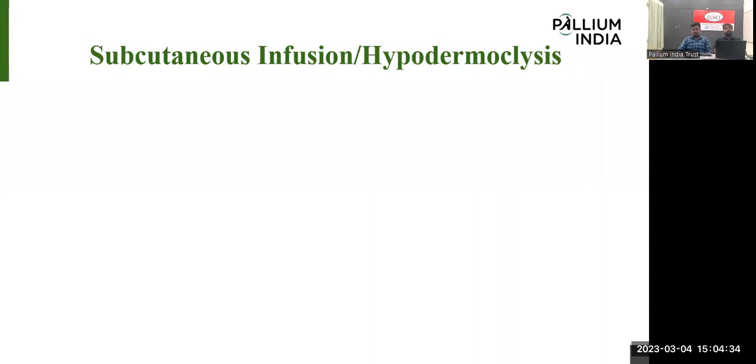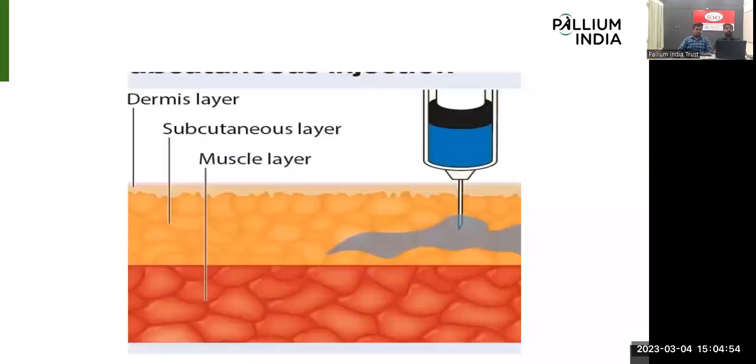If we just hear the term hypodermoclysis, we can get the meaning from the term itself. Just split the word into three: hypo is the first part, dermo the second part, and clysis the third part. Hypo means below the level of the dermis layer, the subcutaneous layer.